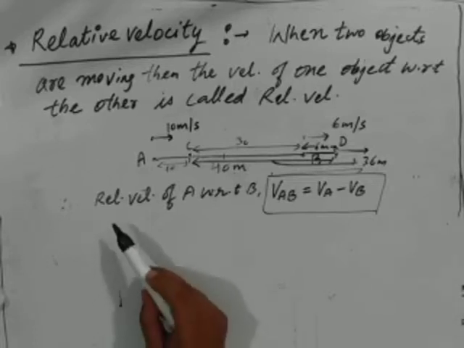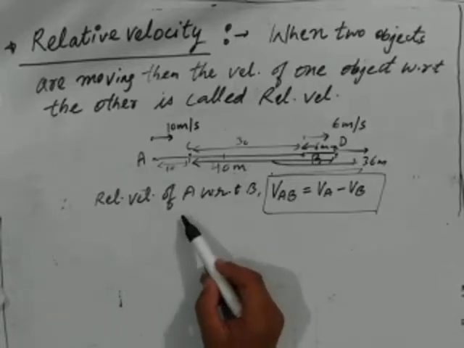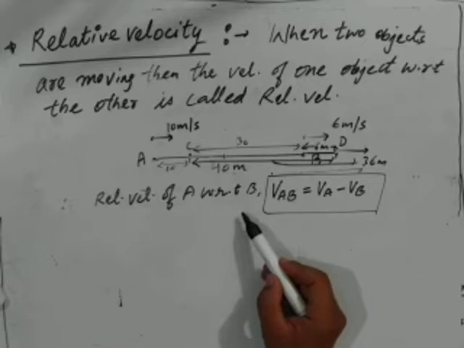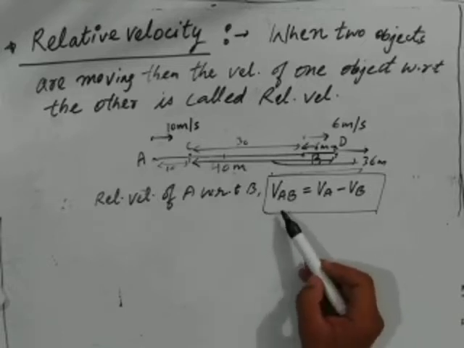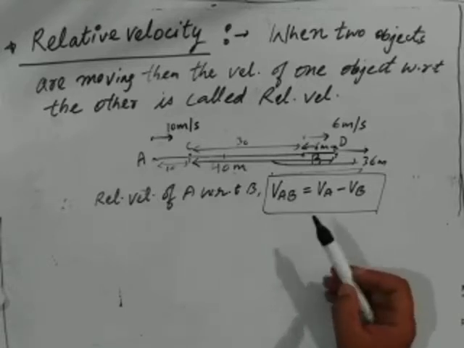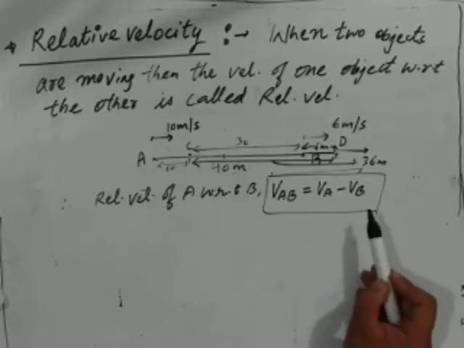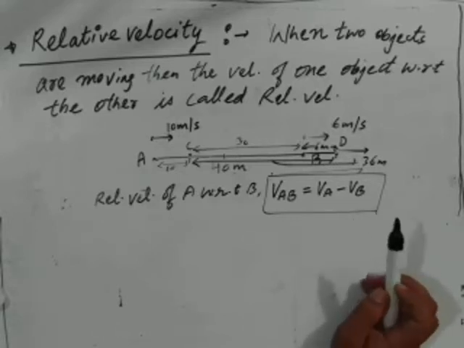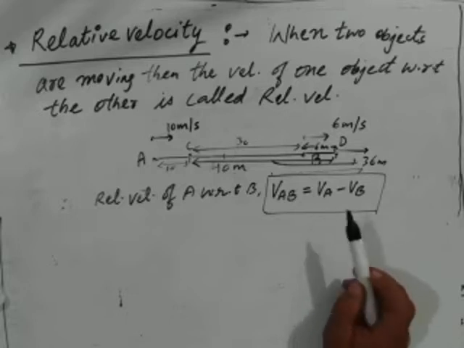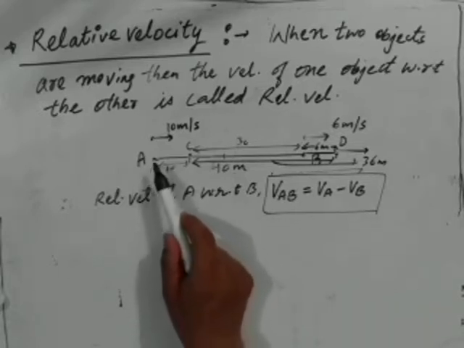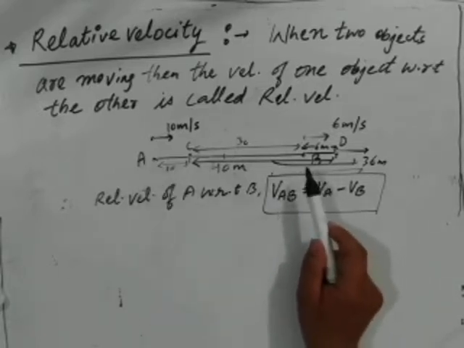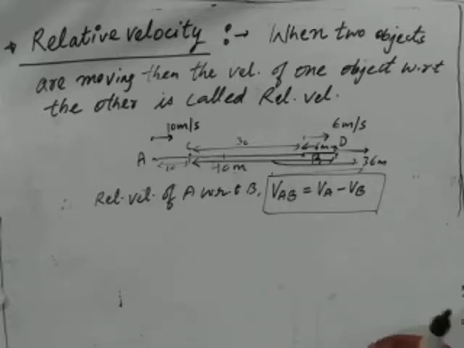Therefore, the relative velocity of A with respect to B, that is VAB, is equivalent to VA minus VB. This is the velocity when both the objects lying at point A and at point B are moving.